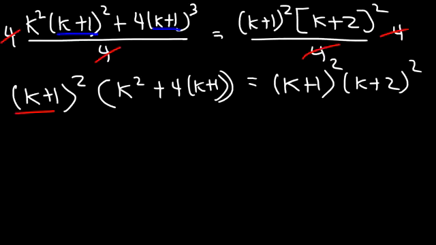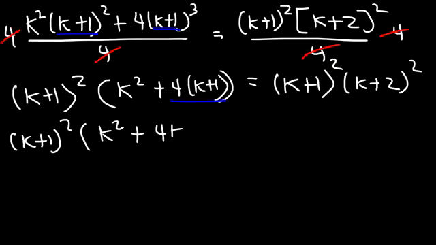Now, these two are already equal to each other, so I've got to show that this expression is equal to k plus 2 squared. So let's begin by distributing the 4. So 4 times k, that's 4k, and then 4 times 1 is 4.